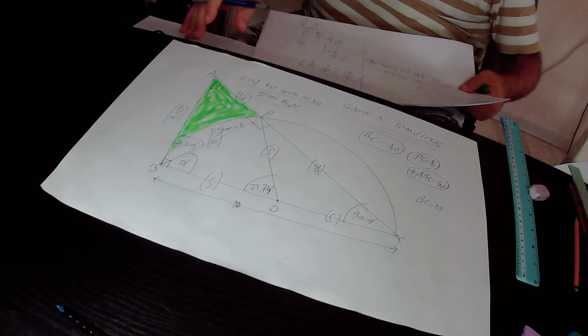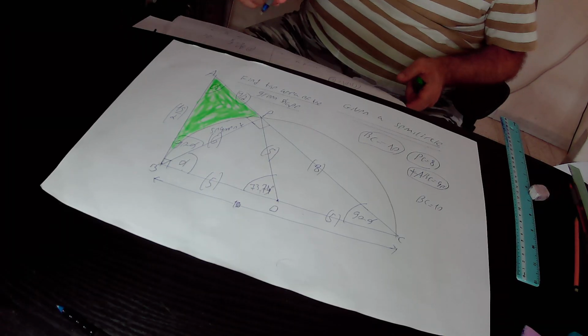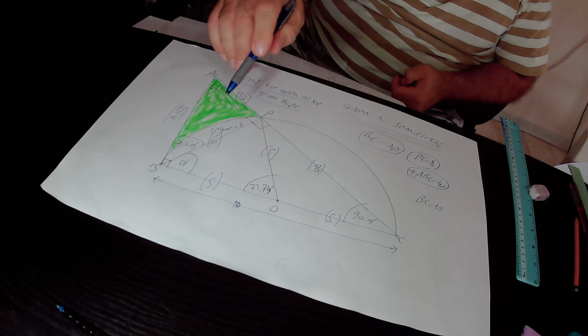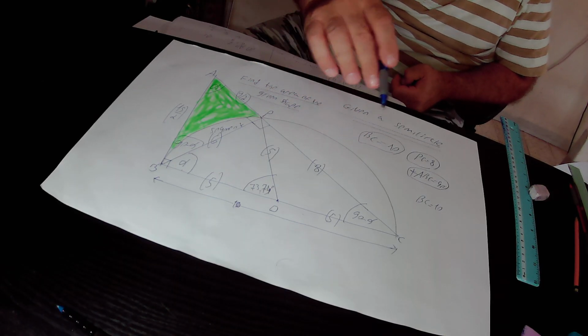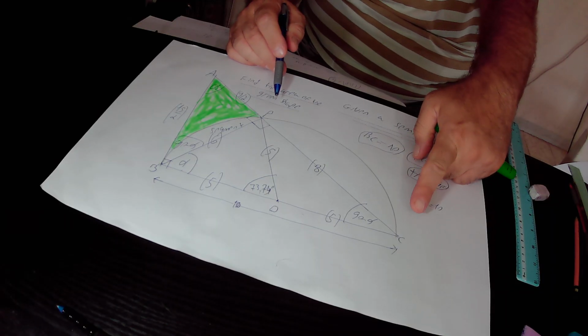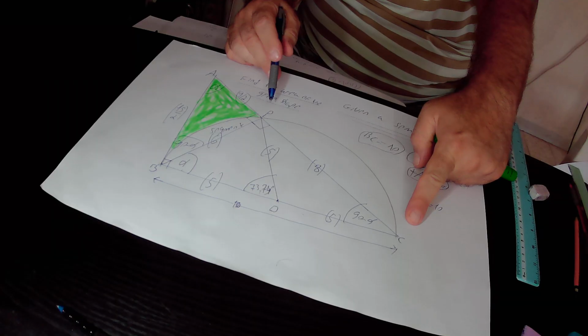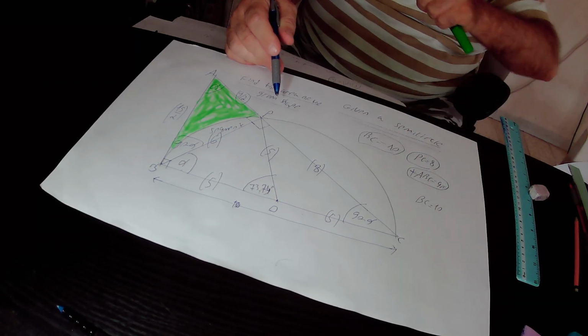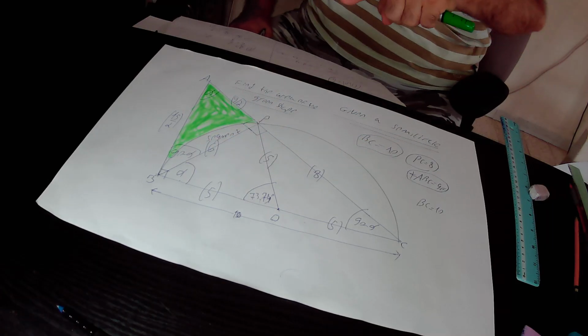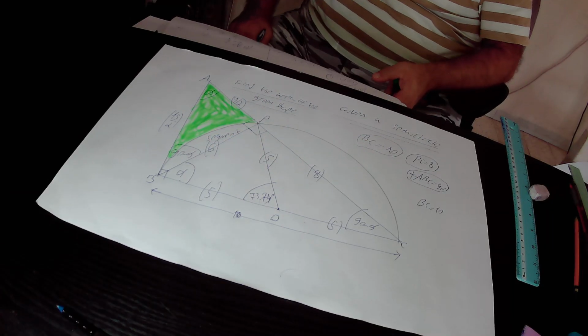The question gives us that in the drawing we have a semicircle. The diameter of this semicircle is equal to 10 units in its length. In addition, you know that PC equals 8 units in its length. This is angle ABC, that is a right angle. Again, our task is to find the area of this green shape.